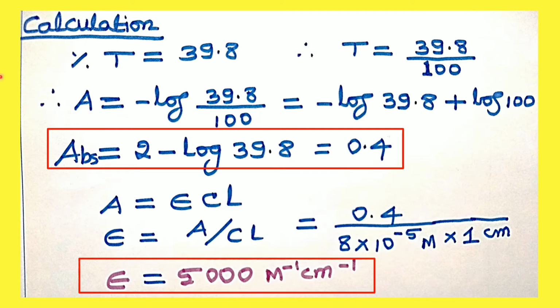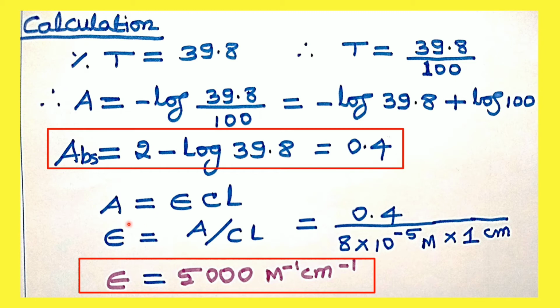Now, from the previous slide, the formula for absorbance equal to minus log to the base 10 of T. Therefore, minus log 39.8 divided by 100, which is minus log 39.8 plus log 100. Log 100 equal to log 10 power 2, which means 2. So 2 minus log 39.8. On calculating, the absorbance will be equal to 0.4.